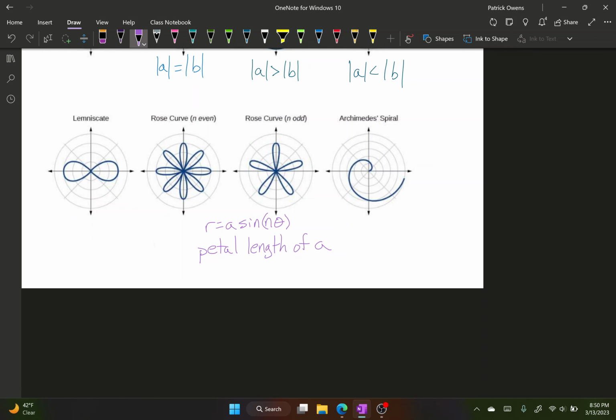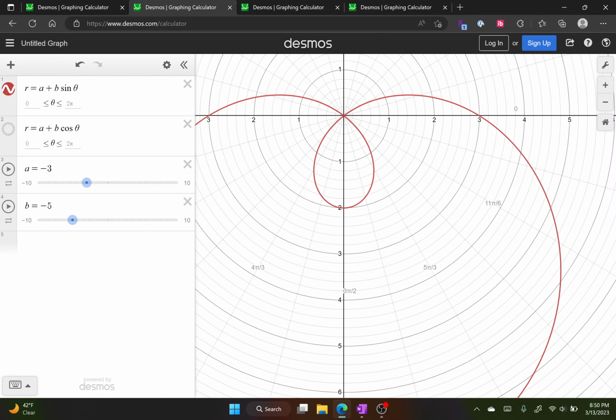And then our number of petals depends on whether n is odd or even. If n is odd, there are going to be n petals. If n is even, there will be 2n petals. Let's look at what some of those examples look like.